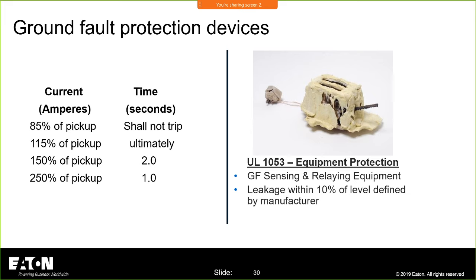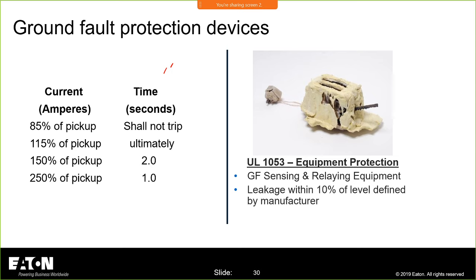This is what's in the UL standard for ground fault protection of equipment: at 85% of the pickup, which I define as the manufacturer, right? So I tell you, this is a 100 milliamp device, or this is a 30 milliamp device. 85% of the pickup shall not trip. At 115% of that pickup, so 115% of 30 milliamps, ultimately it has to trip.